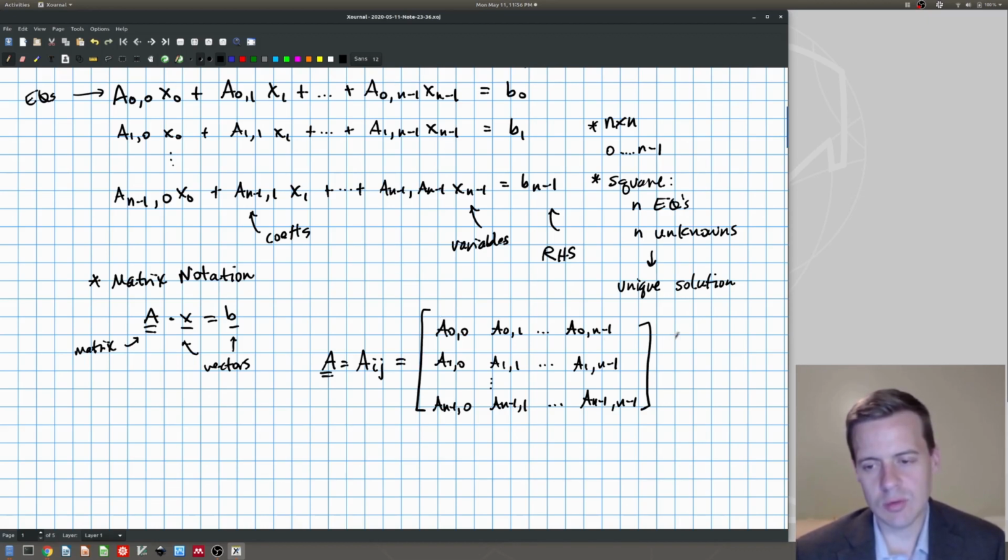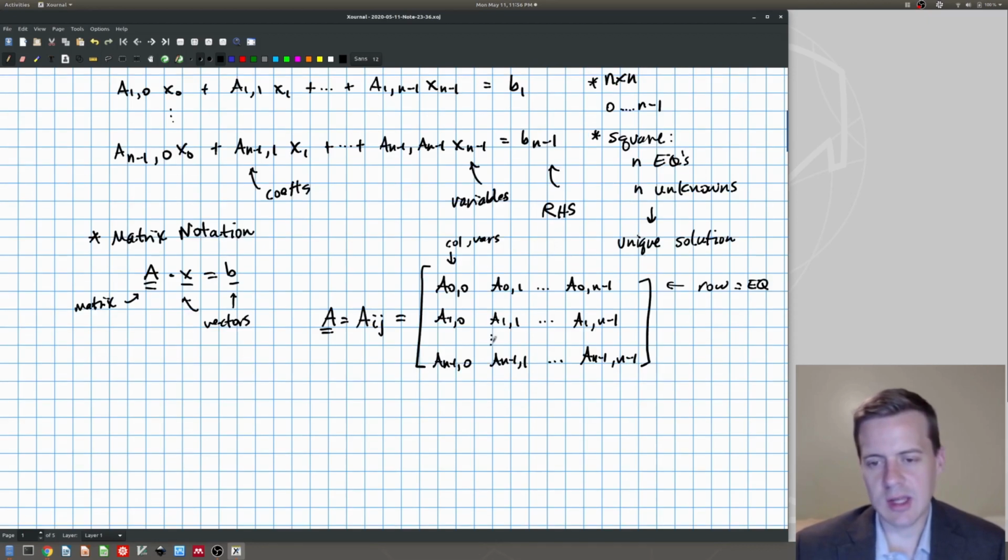So each one of these rows is like an equation. And each one of these columns corresponds to the different variable that it's going to be in front of.